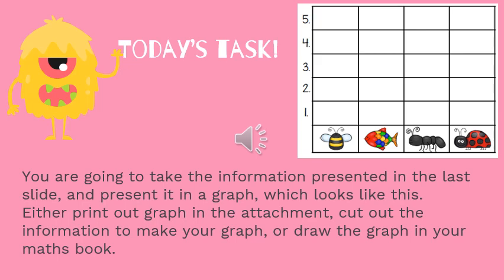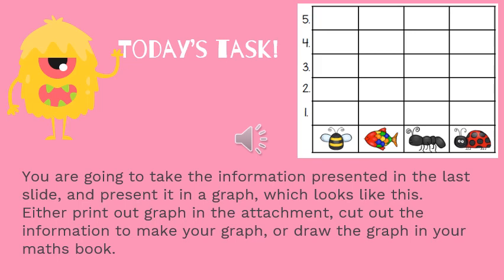Today's task. You see the graph that I've made for you in the right-hand corner. It's got the information already set up, ready for you to include your own data. Across the bottom, it's got the pictures of the various animals: a bee, a fish, an ant, and a ladybug.